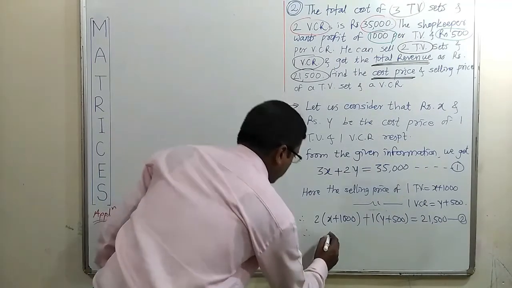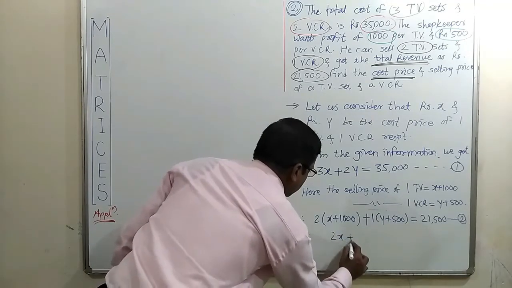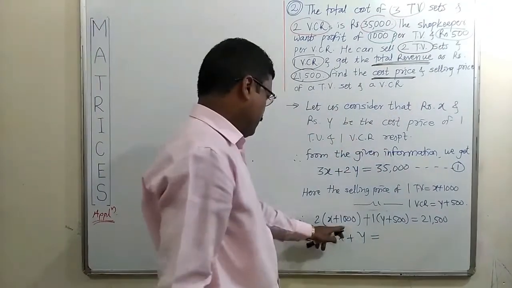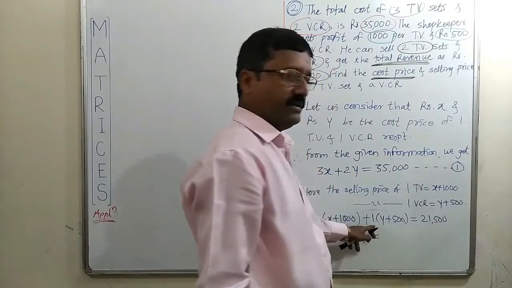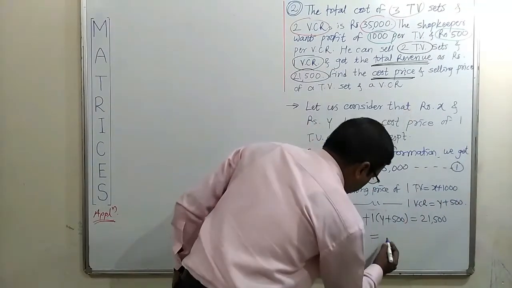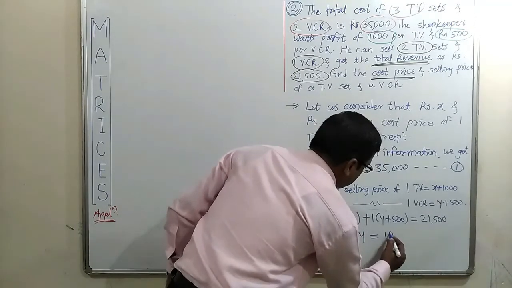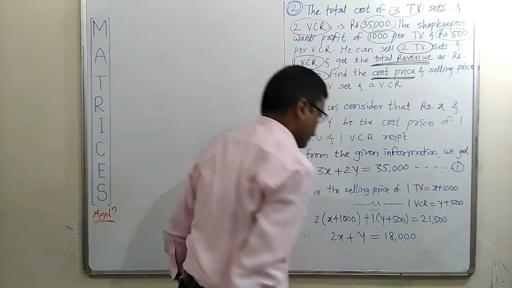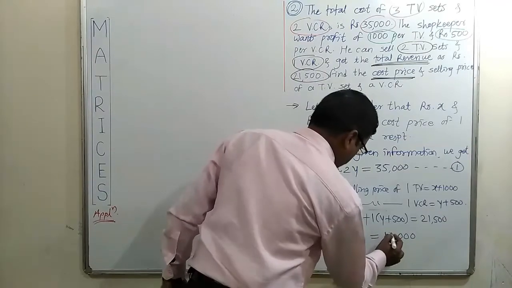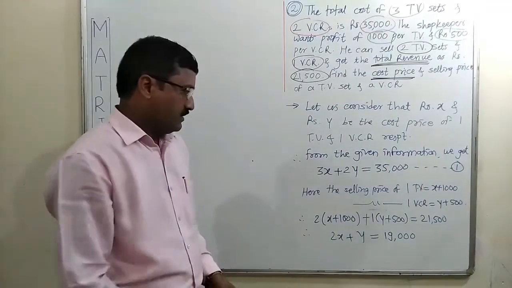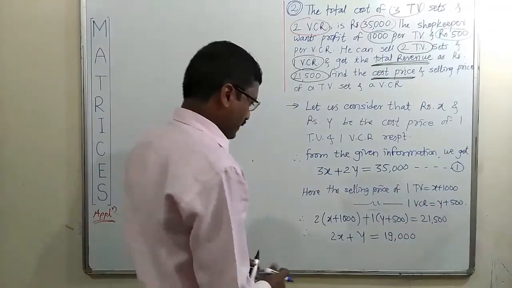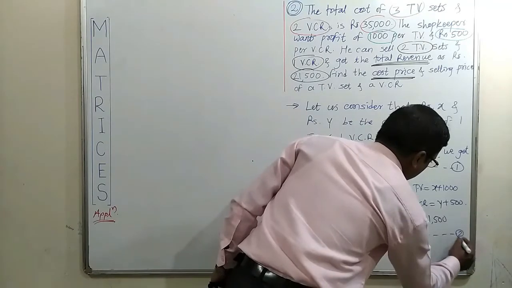Simplifying, we get 2x + y + 2000 + 500, so 2500. Taking it to the right side, subtracting 2500 from 21,500, we get 19,000, not 18,000, and this will be our equation number 2: 2x + y = 19,000.